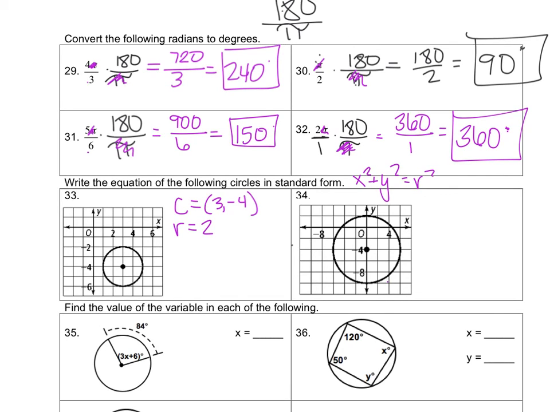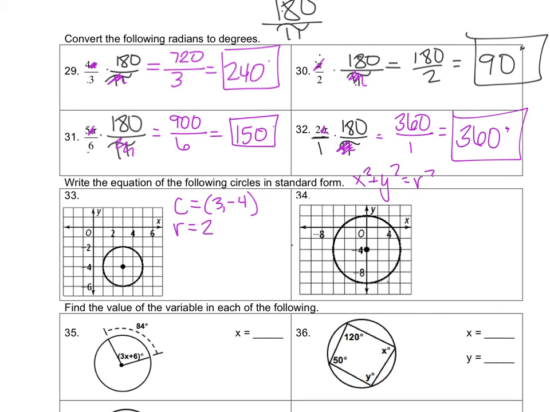Now, if it's not at the center, your equation is going to be a little different. So if it's not at the center, you're going to do x minus your x value squared plus y minus your y value squared equals your radius squared.